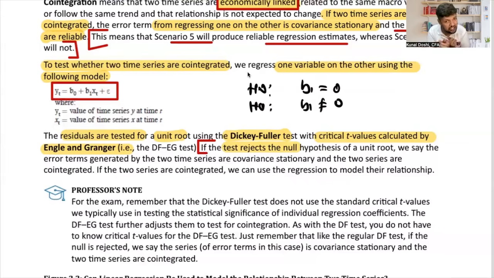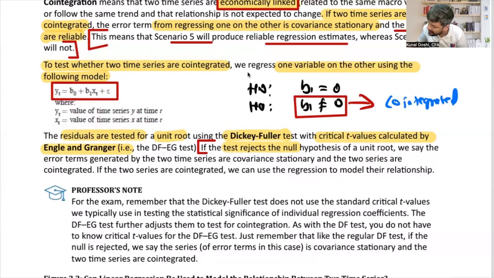There is an economic relationship. So when I reject the null, it means there is an economic relationship, which is called they are co-integrated. This will happen when I reject the null. So there is no random relation. There is an economic relationship.